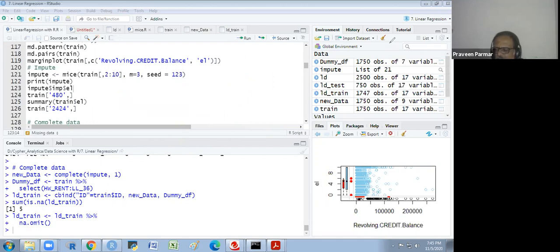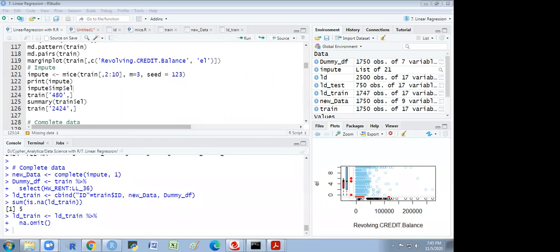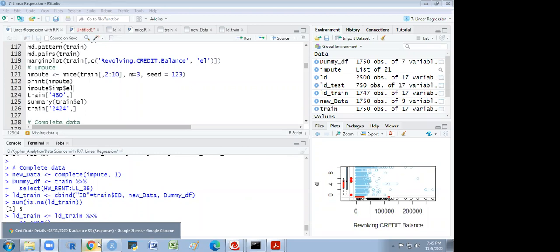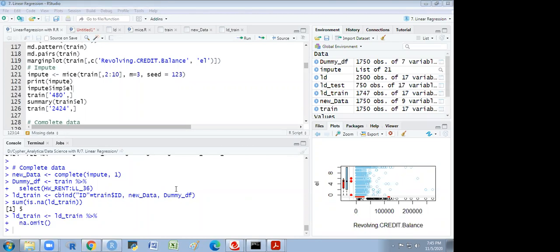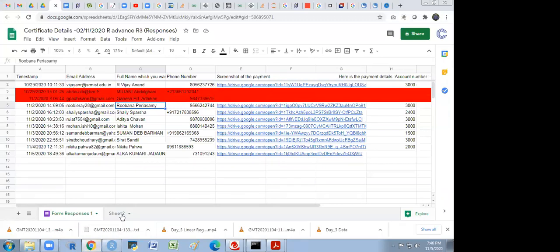For the missing value, I feel this technique is better. Sir, if we want to use the mean method for imputing, how can it be done? Just taking the mean of that particular variable and substituting that value.